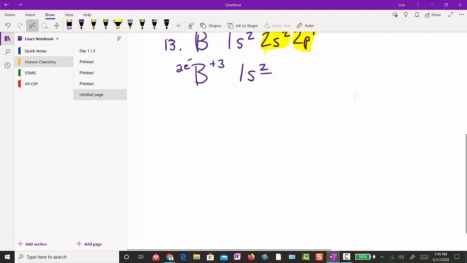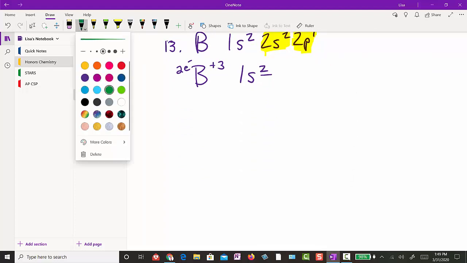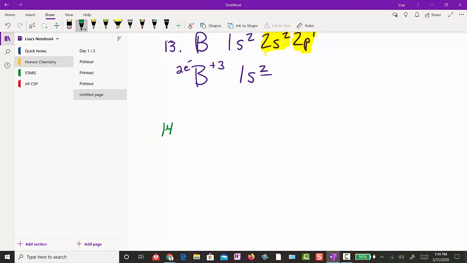All right, let's look at 14. Okay, so we have nickel. Let's just do the regular one first. So we've got argon, 4s2, 3d, 1, 2, 3, 4, 5, 6, 7, 8, 3d8.